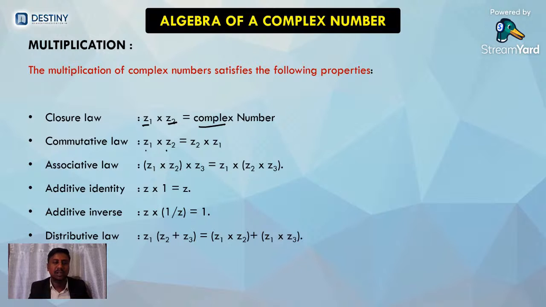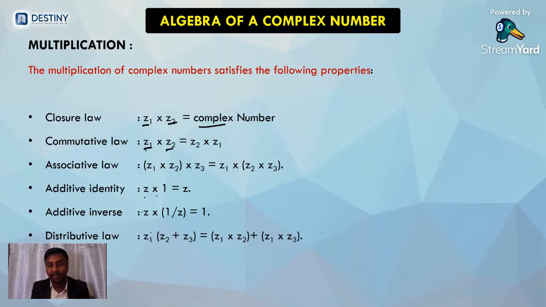Commutative law, as I already told you, Z1 and Z2, if I multiply in the reverse order, Z2 and Z1, that is again the same. Associative law, if we combine the first two or the second two, again both are the same. Multiplicative identity, multiplicative inverse: Z into 1, Z into 1 by Z will become 1. Here one more thing, distributive law.